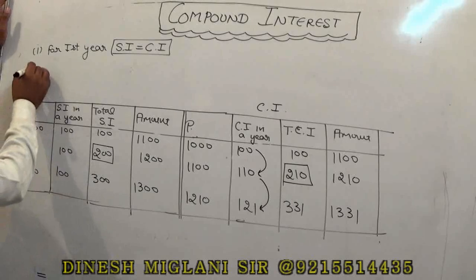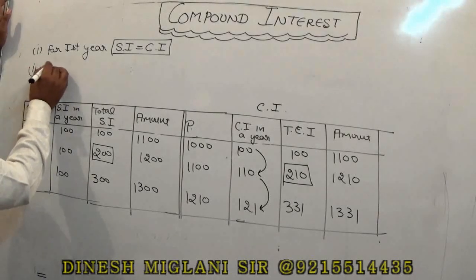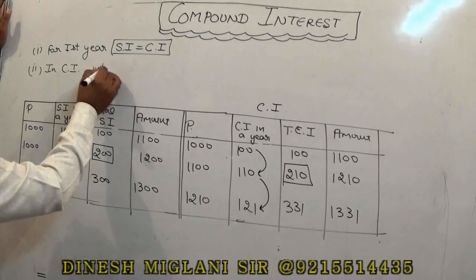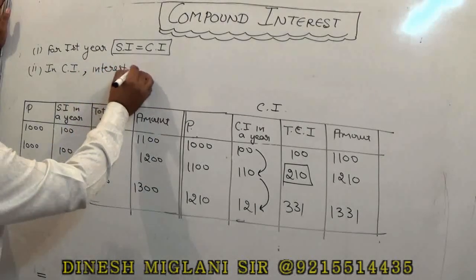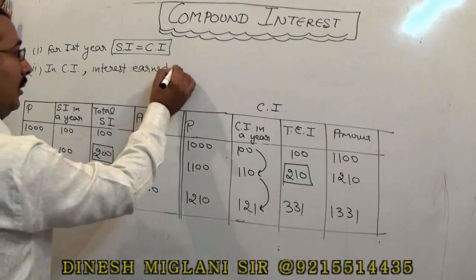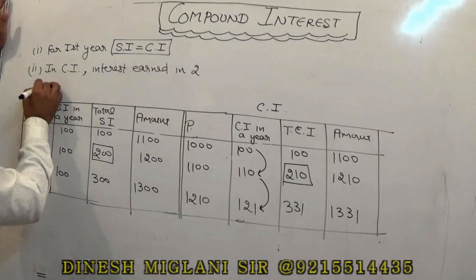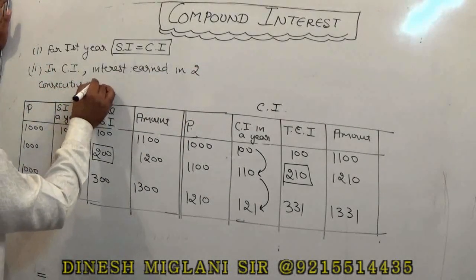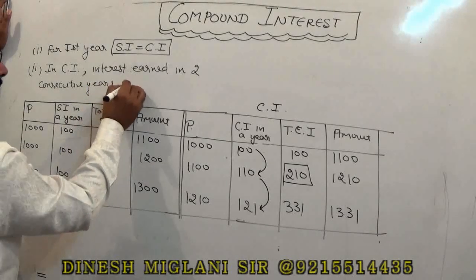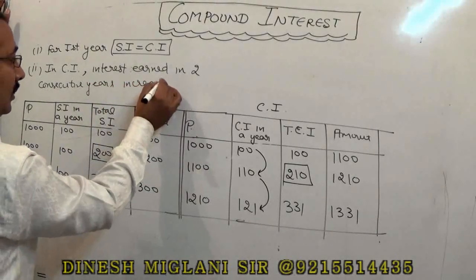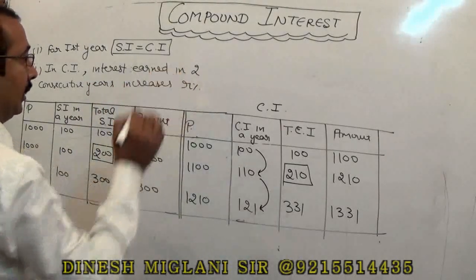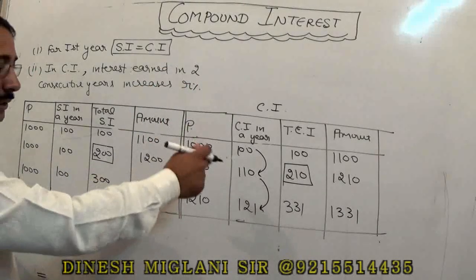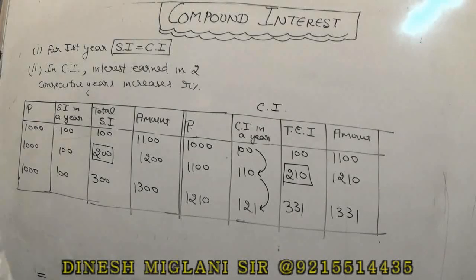So second property we can say, in compound interest, interest earned in 2 consecutive years increases by R%. In compound interest, interest earned in 2 consecutive years increases by R%.